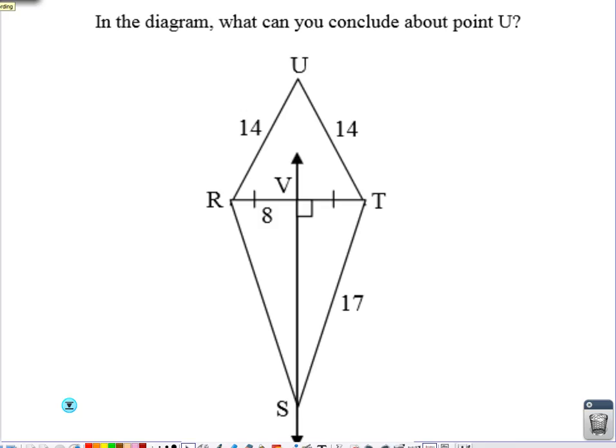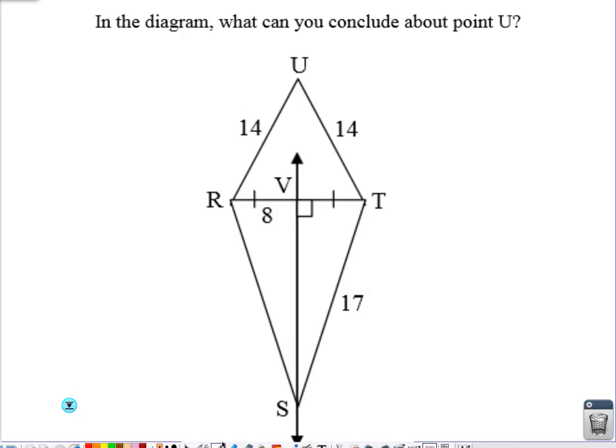Look at this one. Since we knew that VS is a perpendicular bisector, what could you conclude about point U? It would also lie on the perpendicular bisector. I like this problem.